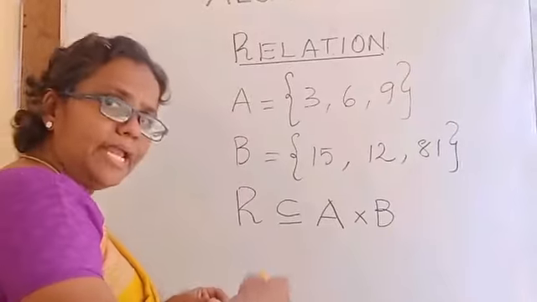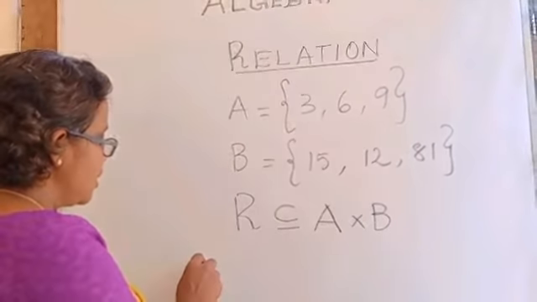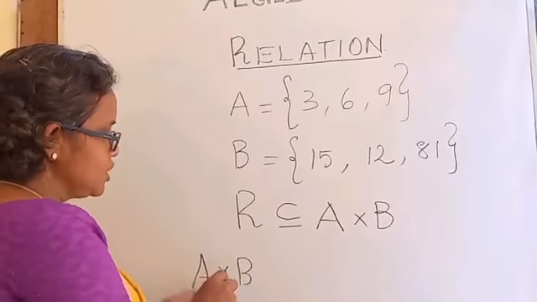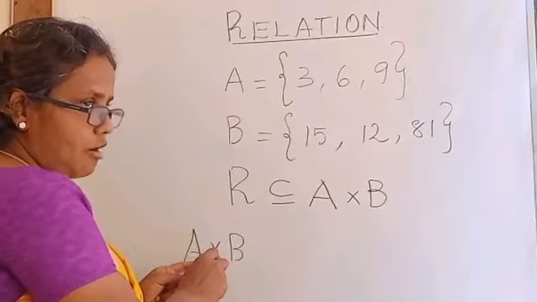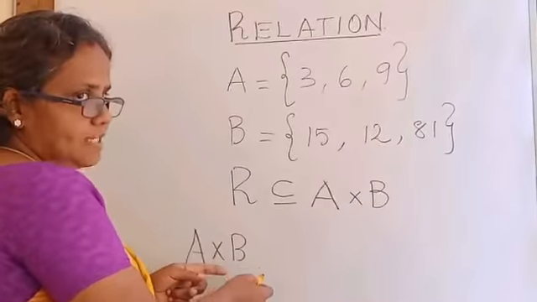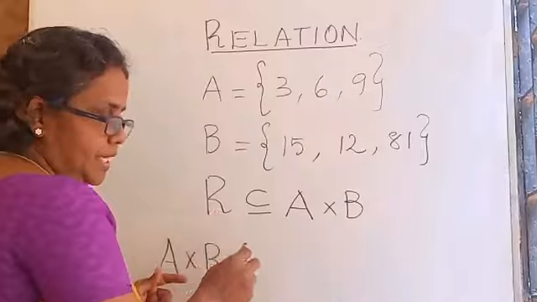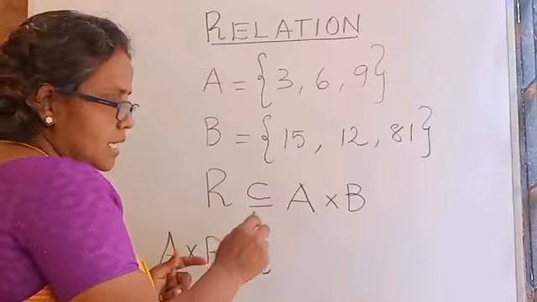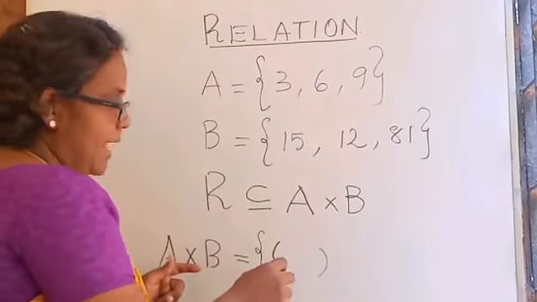Now I define A cross B in the set builder form. What is A cross B? This is not a multiplication sign. It is a Cartesian product of the set A and set B. So what is A cross B? A cross B consists of elements, and the elements are ordered pairs.